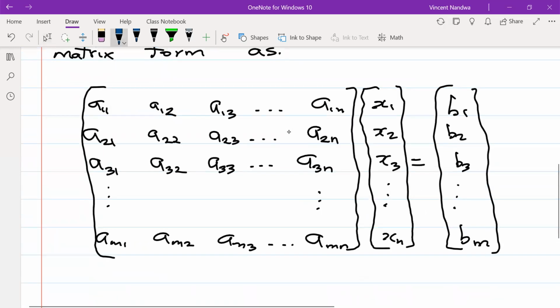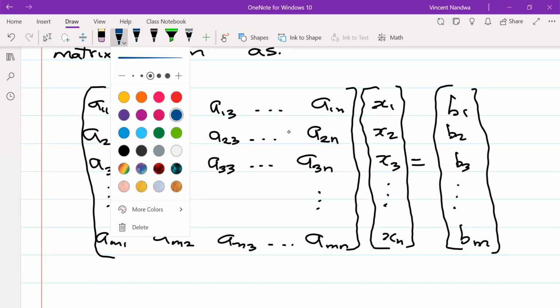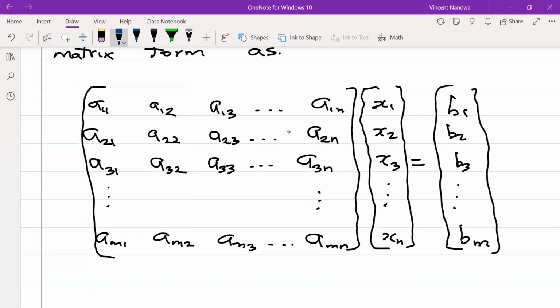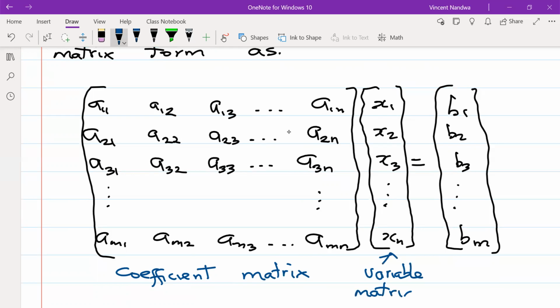So this is called the coefficient matrix. This is what we call the variable matrix. This is what we call the constant matrix.